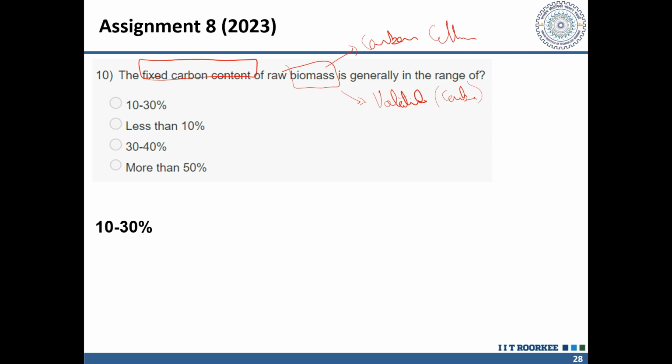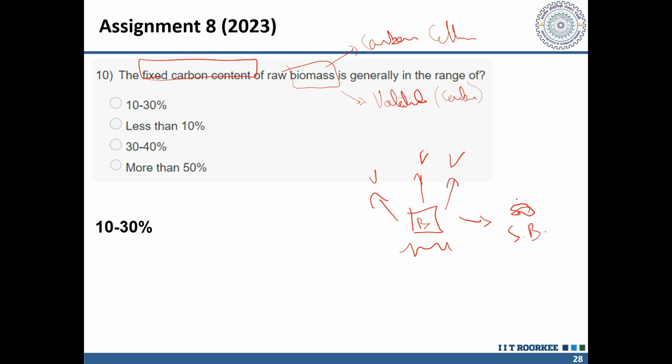These volatile compounds are also carbon-rich material. So when a biomass is heated until all the volatile compounds are removed, we get a very solidified biomass.